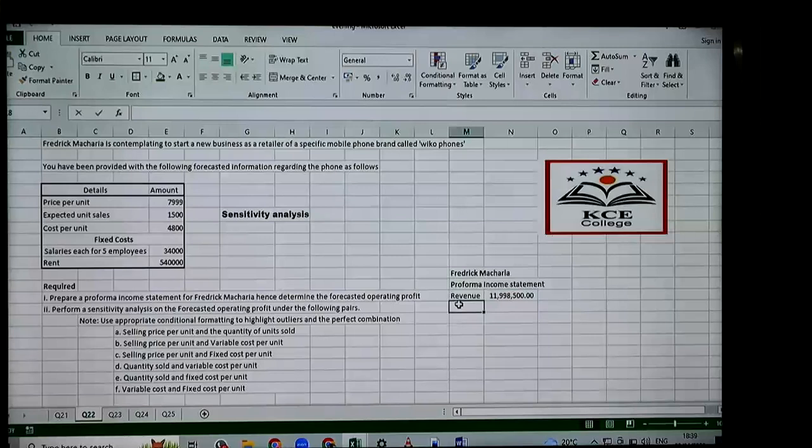The variable cost will be equal to our cost per unit times, and I'll put in a negative, the units sold, so that it comes out as a negative there. Then we'll go to our gross profit. Now I press Alt equals, then Control Enter, Control B for bold, Alt HBP for a top border.